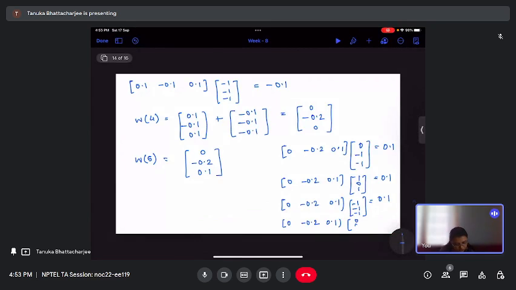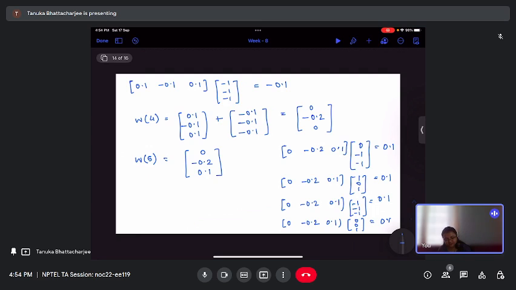You have 0 0 1, you take the product, you again get 0.1. Okay. So for all the samples you are getting positive inner product. So you have achieved the desired W vector, and this W vector is being able to correctly classify all your samples.